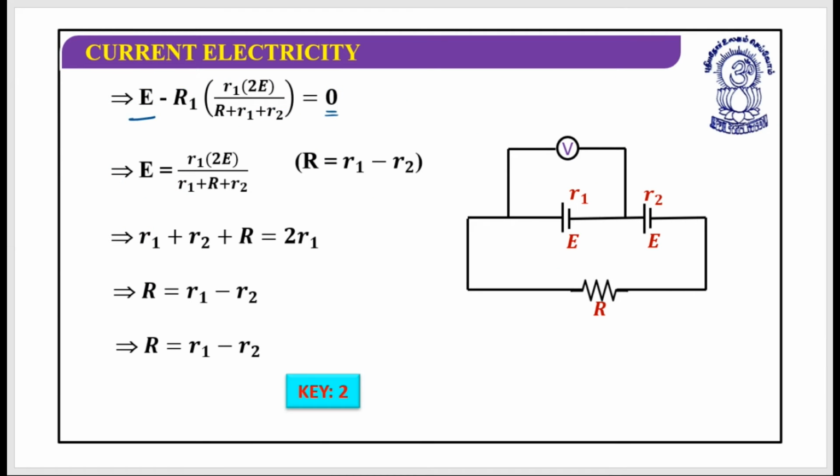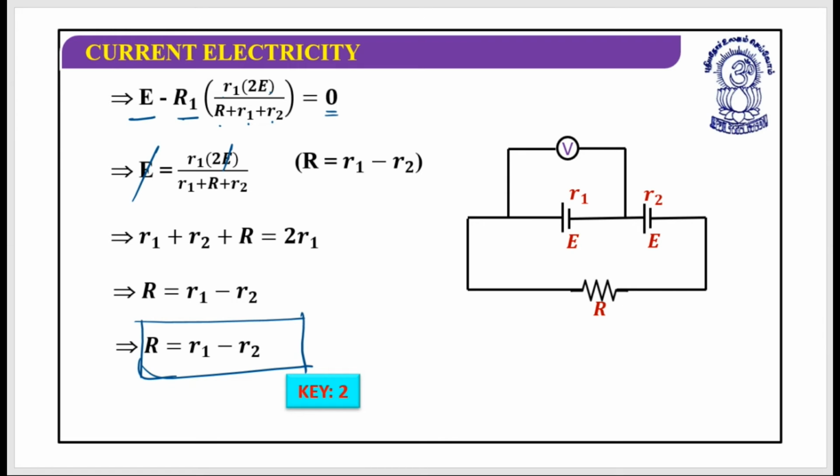This is E minus I into r1, where I is 2E divided by (R plus r1 plus r2). If I solve this, what I get is resistance R is equal to r1 minus r2. This is the answer. I hope you can solve this.